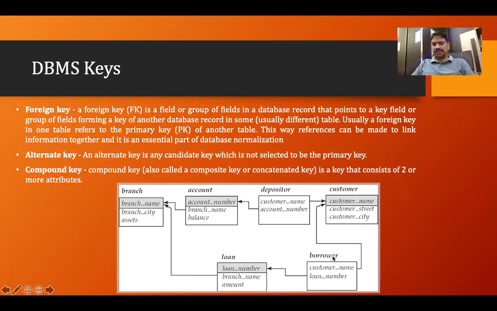So borrower's customer name is the foreign key because it is a primary key of the customer table. In the same way, loan number is a primary key, and here we have a loan number. So in the borrower, this will become a foreign key. Getting it? So this is how all these tables are related to each other with the help of the concept of primary key and foreign key.